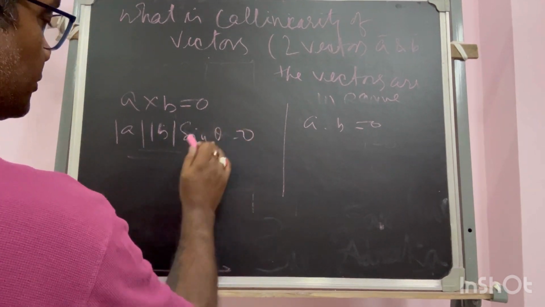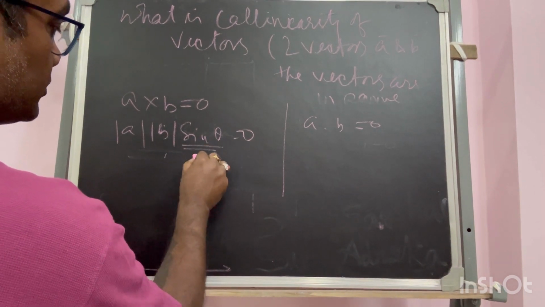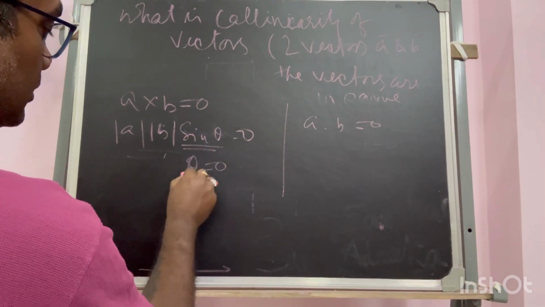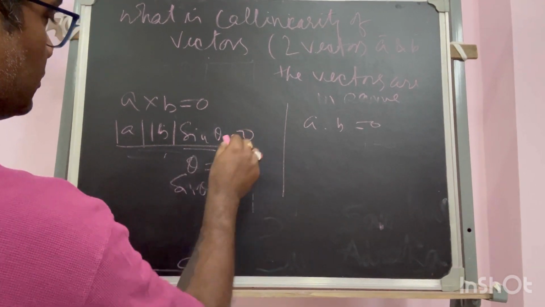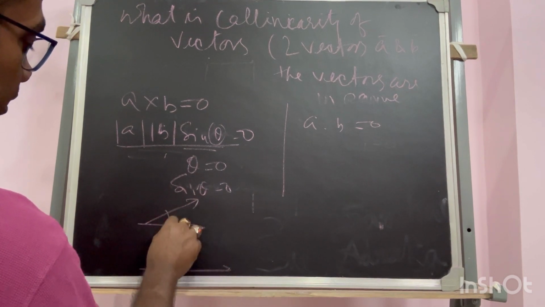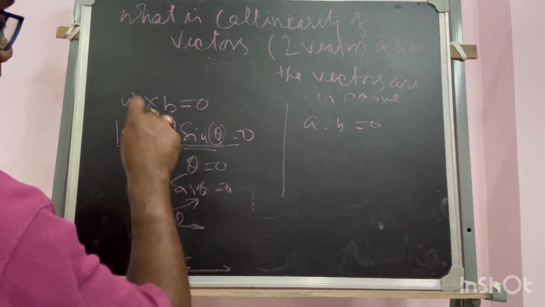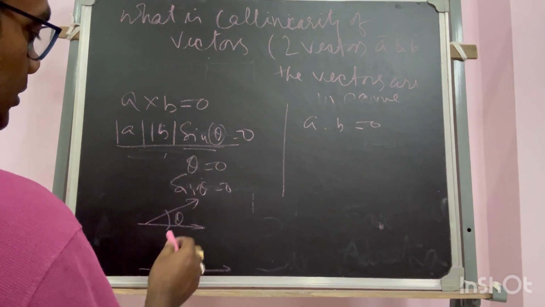It has to be 0 when sin theta is equal to 0, that means when theta is 0. Two vectors making an angle theta equal to 0, then the cross product will be 0.